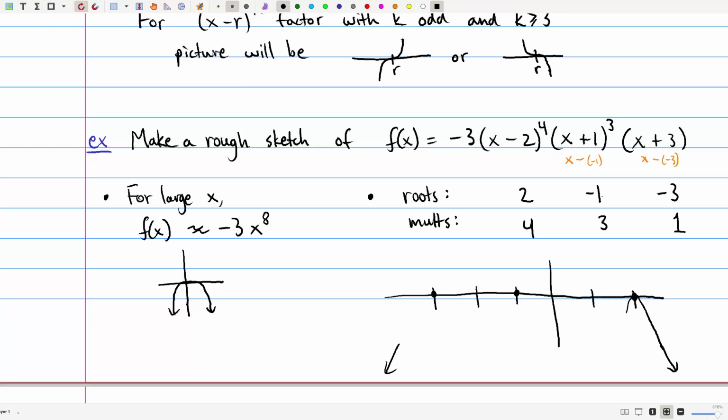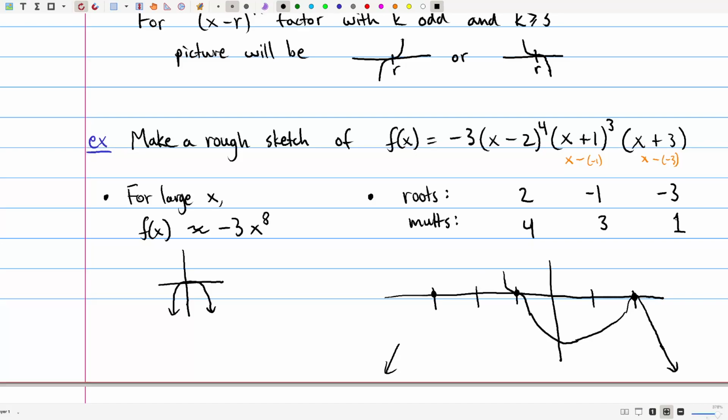For minus 1, the multiplicity is 3. So it's going to look like a cubic, like one of these two. And since the function is coming from below like this, that means it has to be this one so that we can make a continuous line. It's going to cross the y-axis somewhere. We haven't calculated it, but we won't do that here.